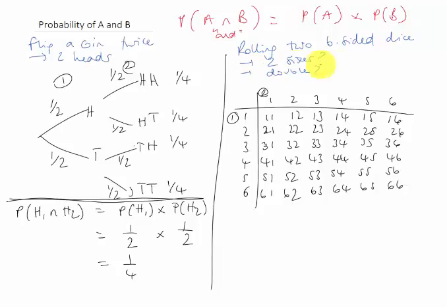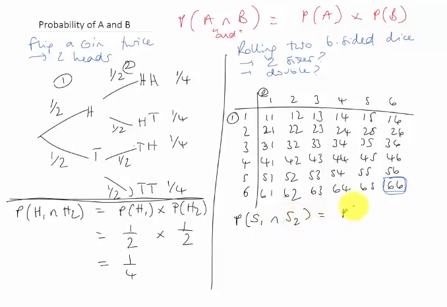So the first question, what's the chance of getting 2 6s? So that's just this one over here. And if we write that out using this notation, so that's the probability of getting a 6 on the first, and a 6 on the second.